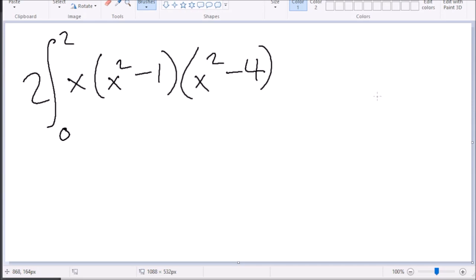Can I make this easier? So instead of just doing u equal x squared, I can try to manipulate the bounds maybe a little bit. Wait, okay. So I have -1 and -4.